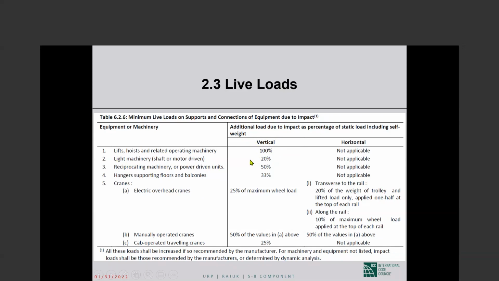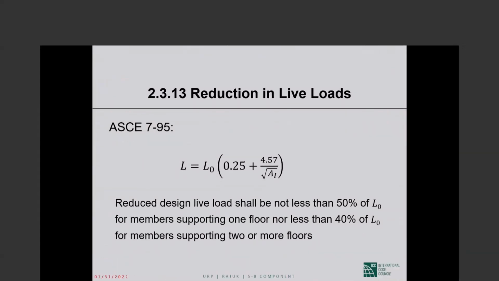So minimum live loads on supports and connections of equipment due to impact. So any area supporting light machinery, you will increase the live load 20% because of impact. So that table definitely is very, very helpful. In the US, you are not given that kind of a table.